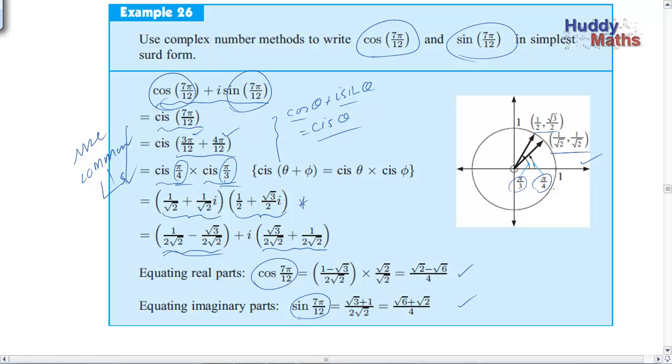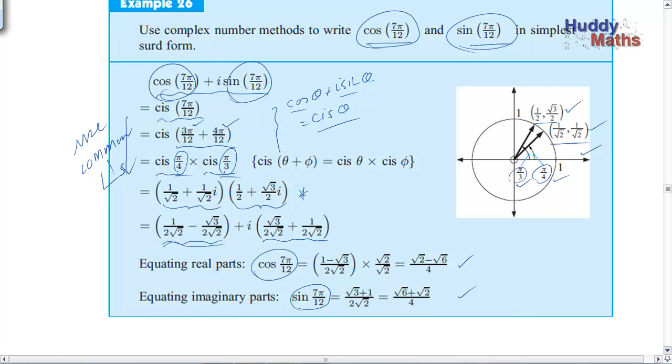If we can bring in π/4, we've got its common values. If we can bring in π/3, we've got its common values, and that's how we can eventually come to a simple surd form for the two individual ones. So looking at the diagram and thinking about what's happening with this cis form is important. Do you want to try some?